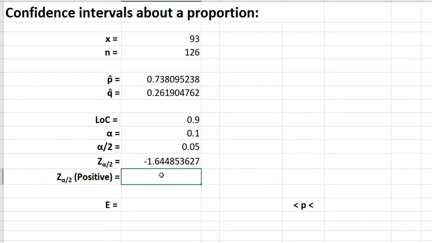We haven't talked about the absolute value function yet. It's a canned function. It's built into Excel, and we just use ABS for absolute value. So that equals ABS, open parenthesis, click on the cell with z sub alpha over 2 that's negative, close my parenthesis and press enter, and you'll see it just gives me the positive result.